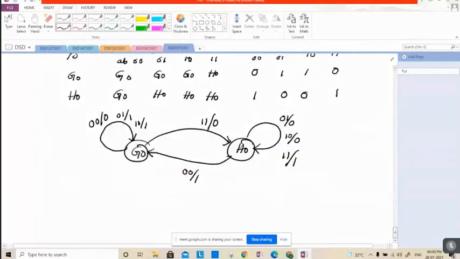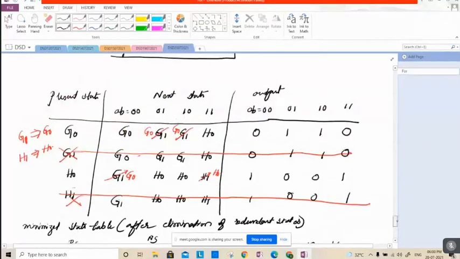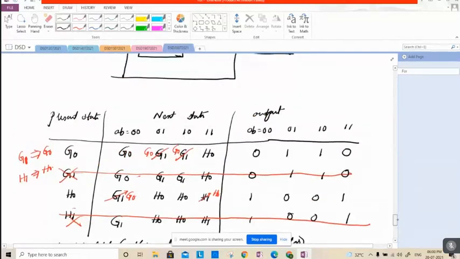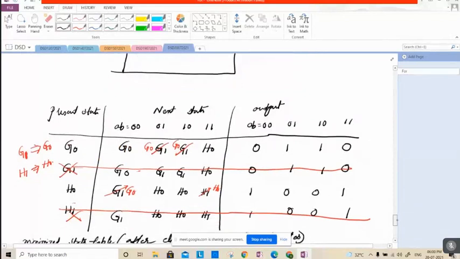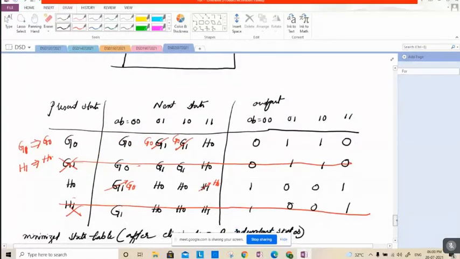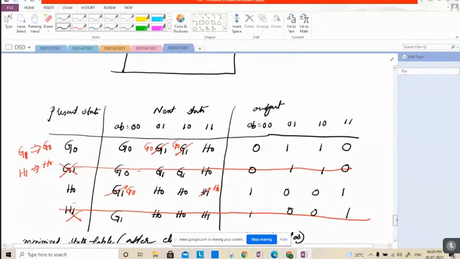So now have you understood the concept of redundant states? Yes, sir. Whenever the present state and the next states are the same, and also the outputs are the same.